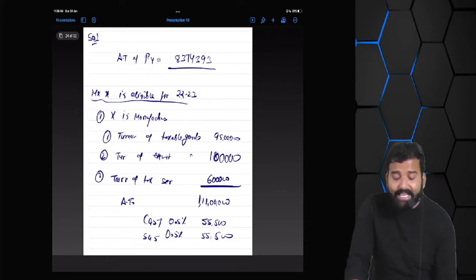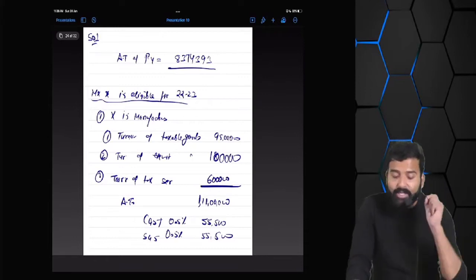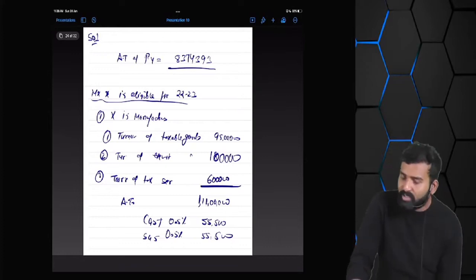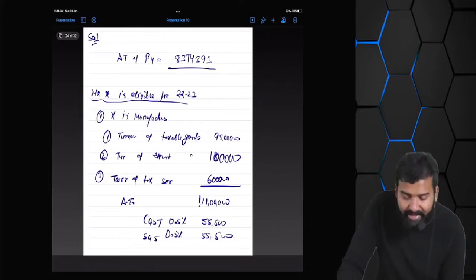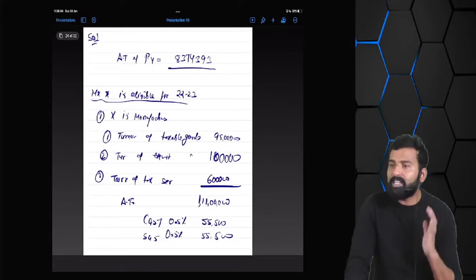Now they are saying that if Mr. X is a manufacturer, then he will be paying tax on taxable as well as tax exempt goods. So the turnover of taxable goods is 95 lakh. Turnover of exempt goods is 10 lakh and turnover of taxable service is 6 lakh. Total aggregate turnover is 1 crore 11 lakh rupees. So he is going to pay tax of 0.5% plus 0.5%.